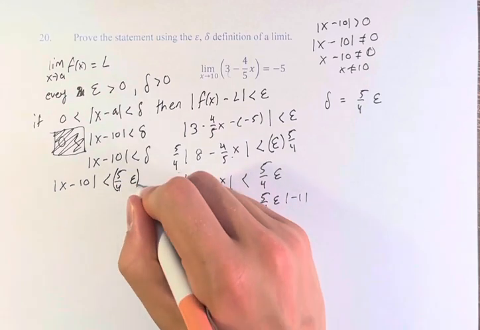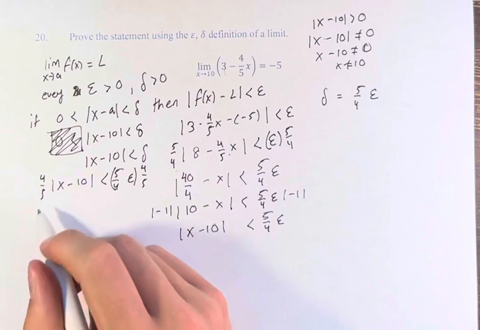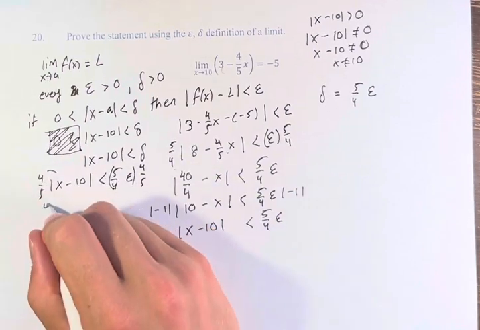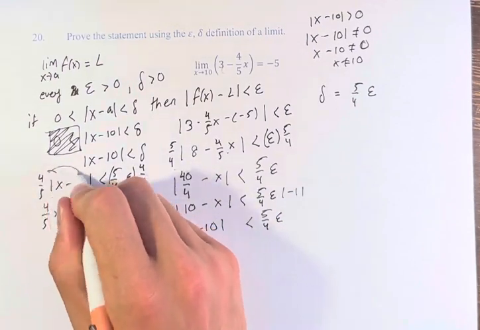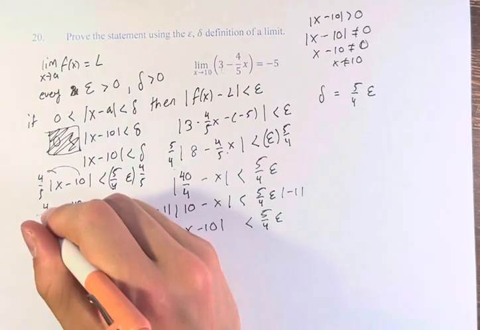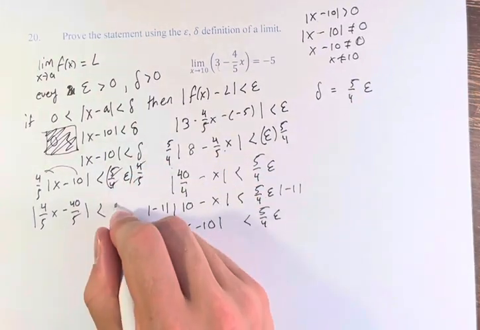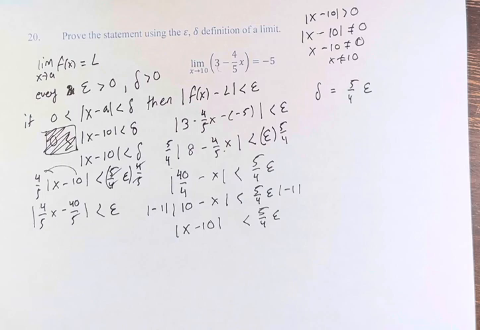If we multiply by 4/5, we get 4/5 x minus 4 times 10 over 5 is less than, and again, 5/4 times 4/5 is just 1, is less than epsilon.